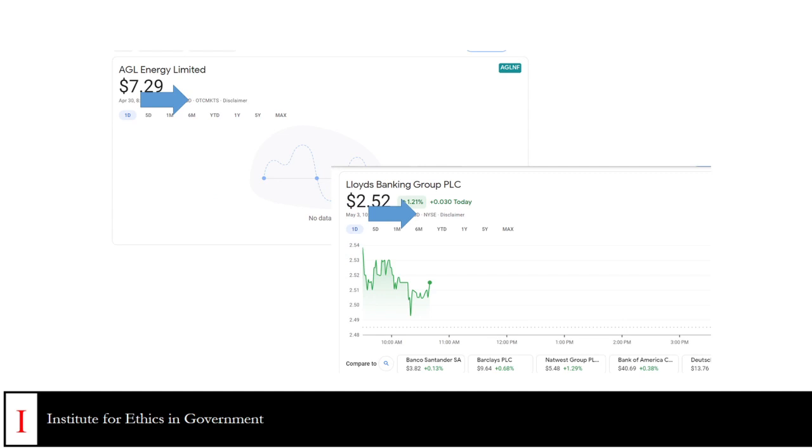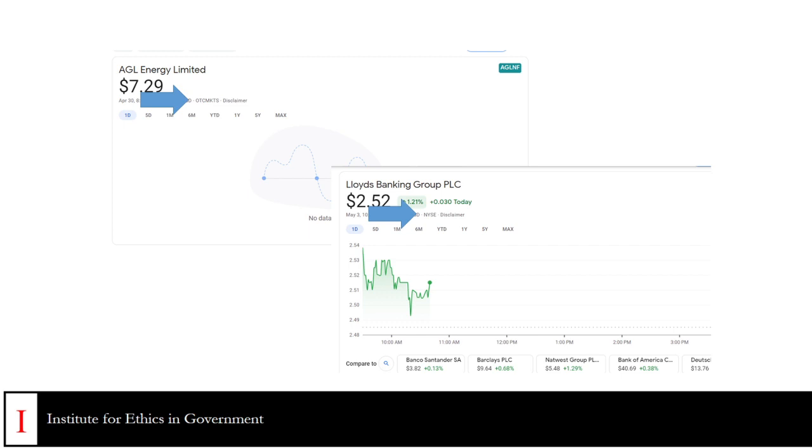We can see that Lloyds Bank Group PLC has an indication that it trades on the New York Stock Exchange. So that means it's going to be publicly traded. And because it's publicly traded, the $15,000 de minimis is available to us. However, AGL Energy Limited indicates it trades on the OTC MKTS, which stands for over-the-counter markets.